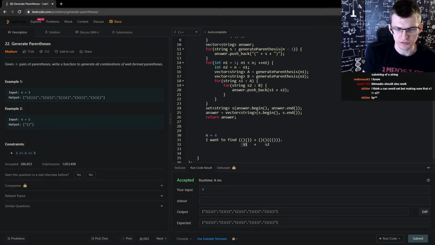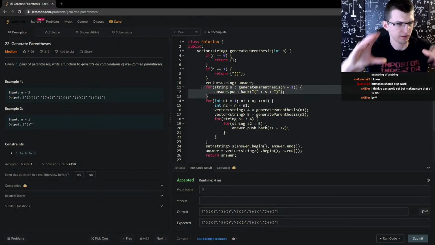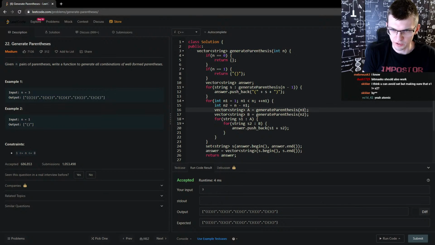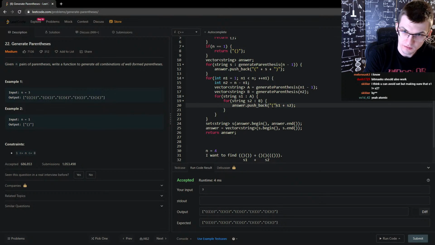So S1 needs to be a string created this way, where I surround it with brackets like this. So what about we run this here with n minus 1. So I actually find the inside of this, and then I say this.